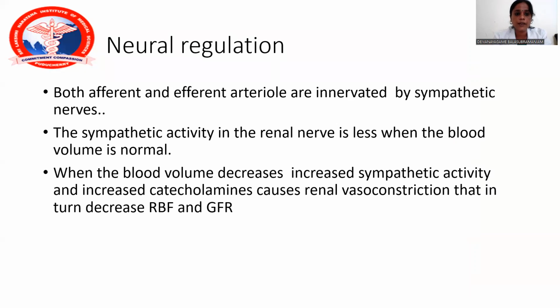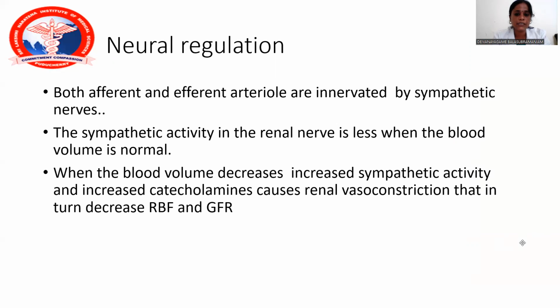And next one is the neural regulation. Both the afferent and efferent arterioles are innervated by the sympathetic nervous system. The sympathetic activity in the renal nerve is less when the blood volume is normal.